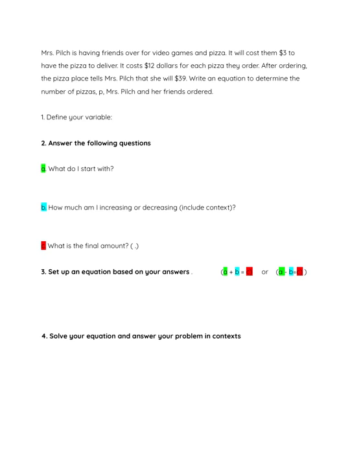All right, hopefully you tried on your own. We're going to go through this. Define your variable. Our variable is pizzas, P. So what does our variable represent? P is equal to the number of pizzas.